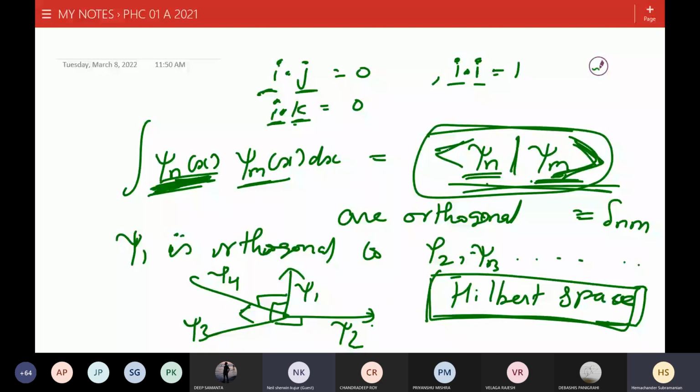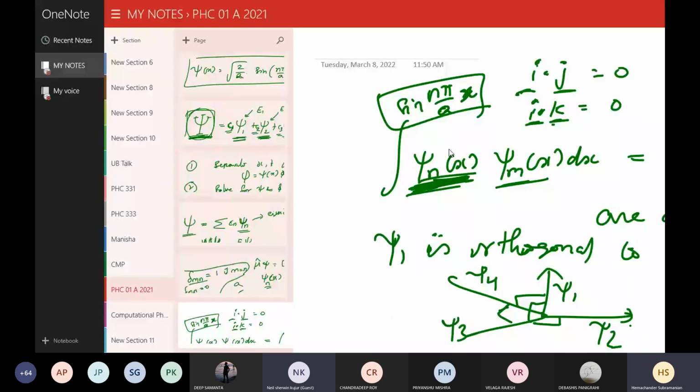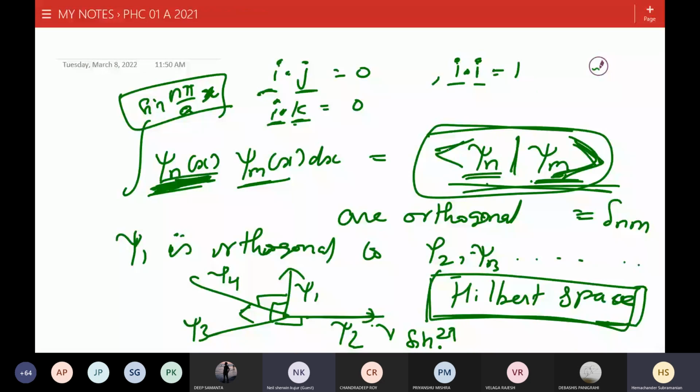These sine functions form the unit vectors for the Hilbert space. Every vector here, this vector is sine 2 pi over a x. This vector is sine pi over a x. This vector is sine 4 pi over a x. Each vector has its own sine function, and they are all orthogonal to each other.